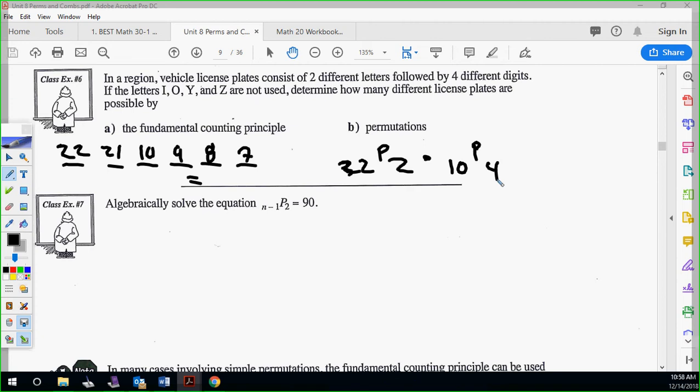They will be the same value if you make it into permutations. It's 2.3 million.